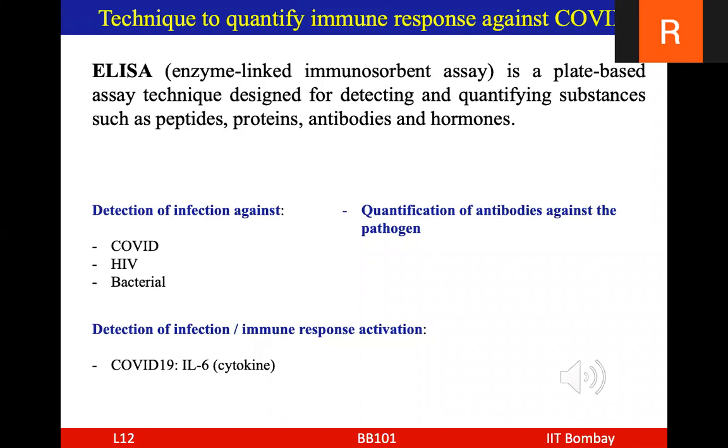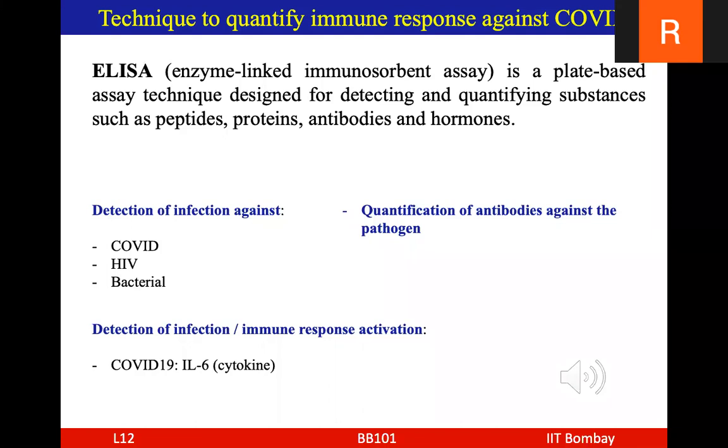So anything related to protein, which is either the antibody or another type of protein, many hormones are a type of protein, many peptides are smaller proteins. And interleukin-6, for example, which is examined in the COVID patient, that interleukin is a cytokine, which is also a protein. So those are measured by the ELISA assay.